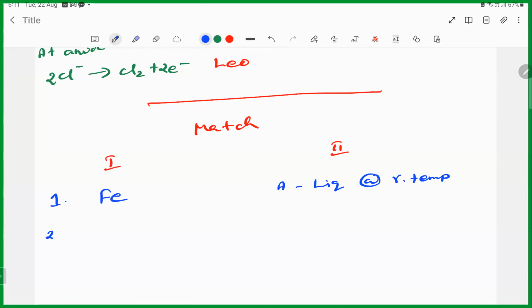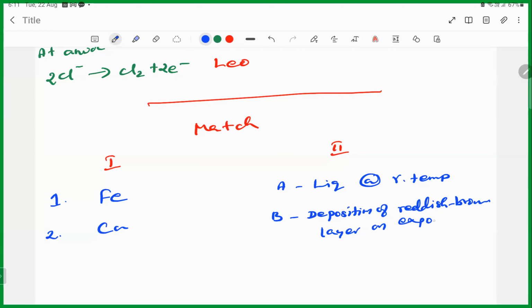Number 2, copper. B is deposition of reddish brown layer on exposure to moisture.